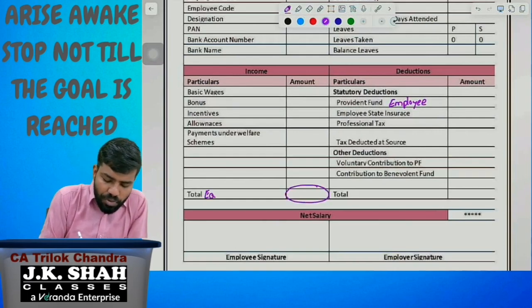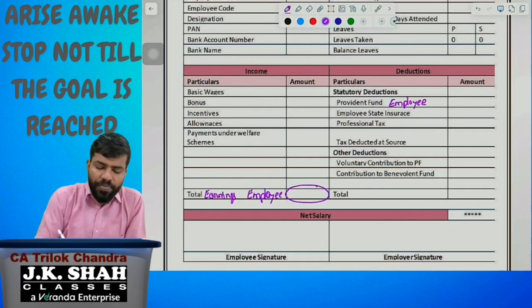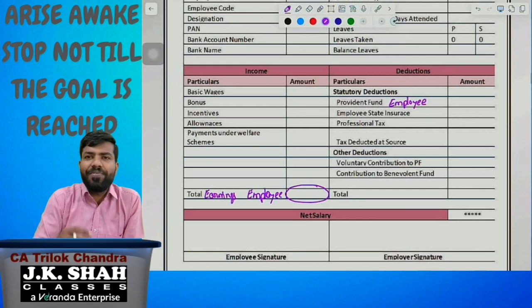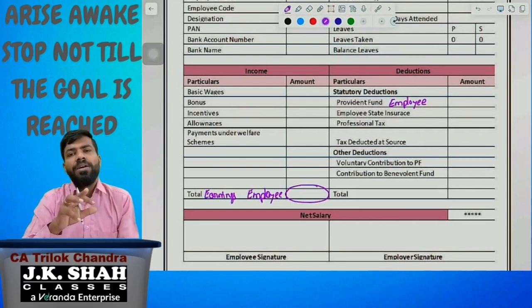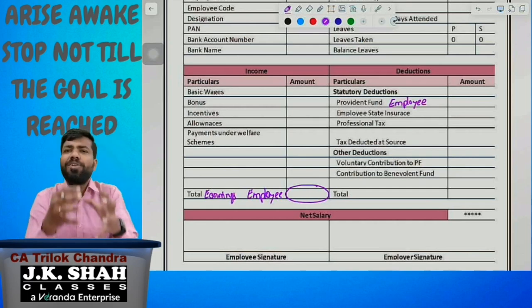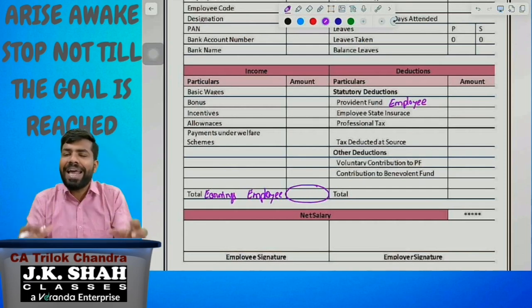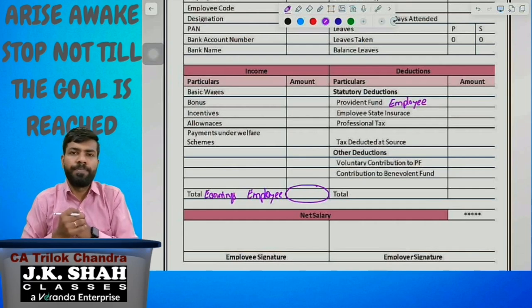If you look at the different names under which he is getting the payments: basic wages, DNS allowances, incentives, leave travel allowances, everything in the form of allowances as well as basic wages and different forms. If you make a total of everything, we call it the total earnings. Total earnings belong to the employee.